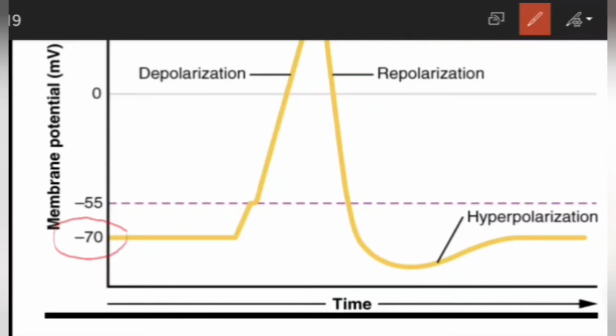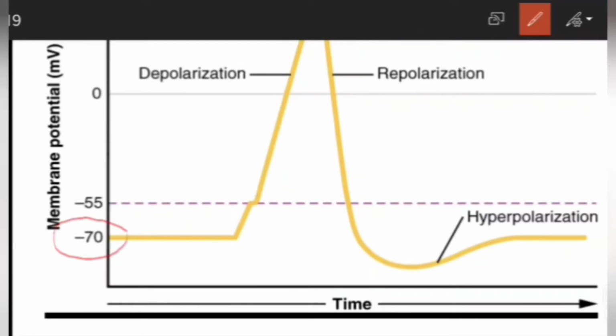This continued depolarization and repolarization work to give plus 15 millivolt of potential to the axonal membrane, so that the axonal membrane reaches minus 55 millivolt of potential. Why minus 55 millivolt of potential? Why am I stressing here? Because this is the firing potential.